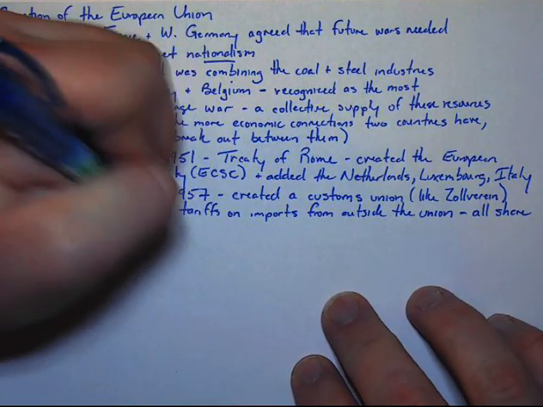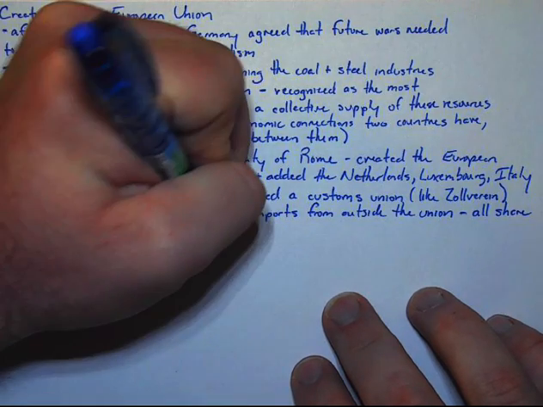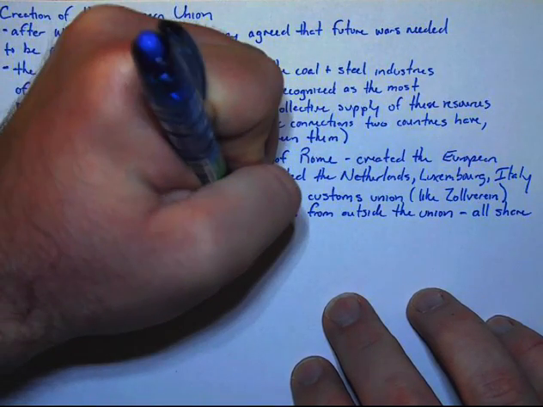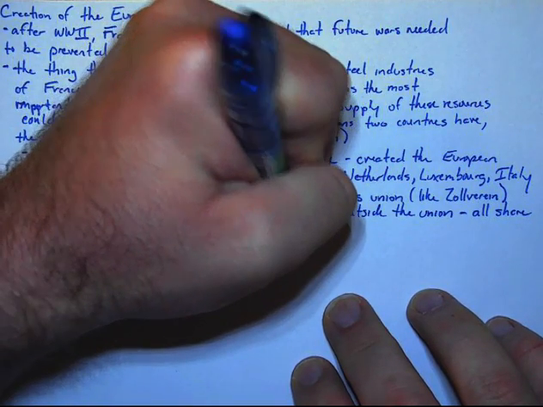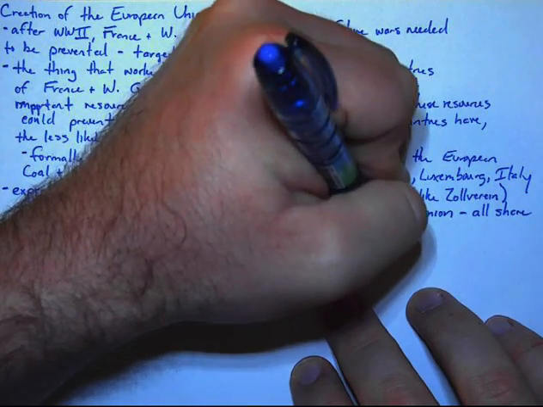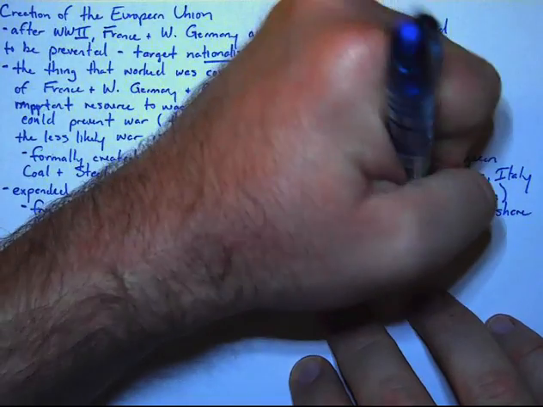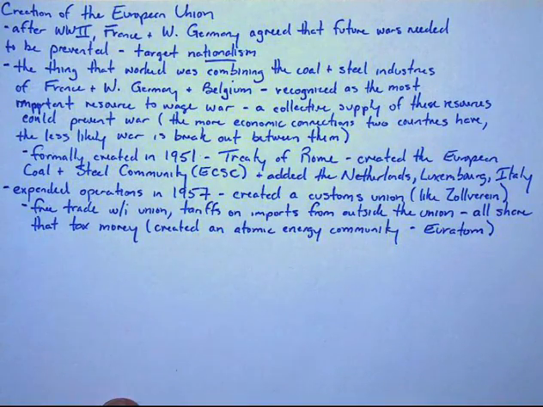They also, in 1957, created an Atomic Energy Commission that's called Euratom. But that's really not the important thing.